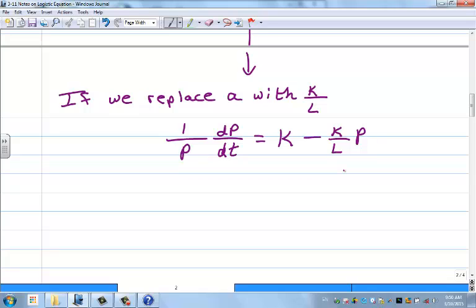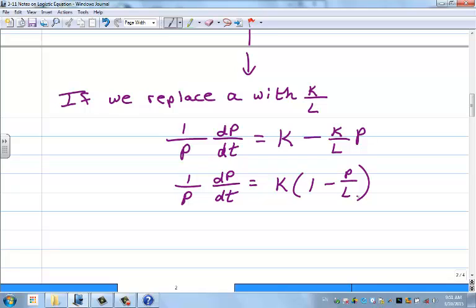First thing we're going to do is go ahead and factor the k out of this. So I'm going to get 1 over P dP dt is equal to k times 1 minus P over L. Now you've got your P in the top of that fraction, and L, which is that limiting value, which is going to be a number, in the bottom of that fraction.